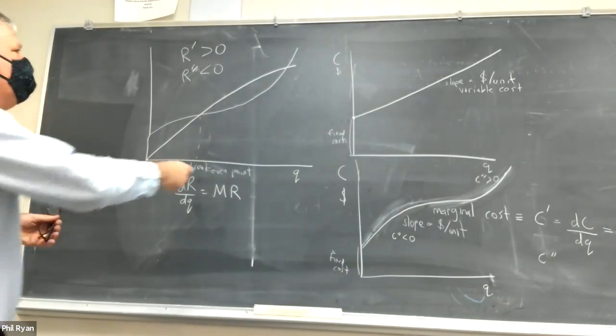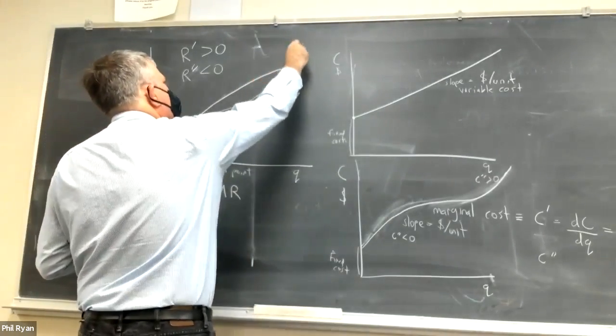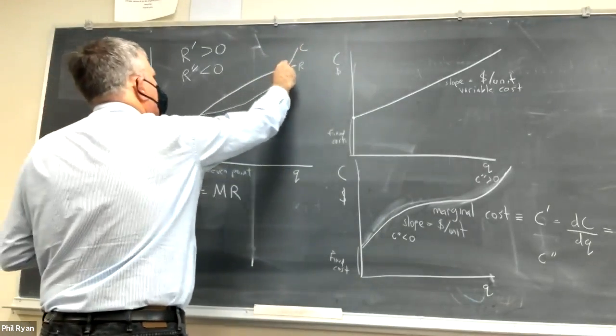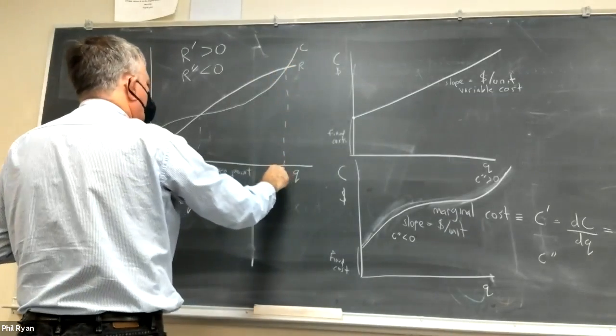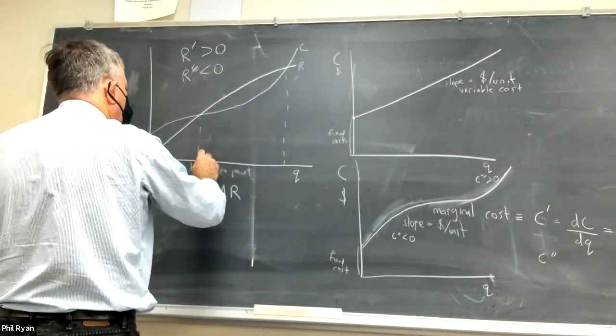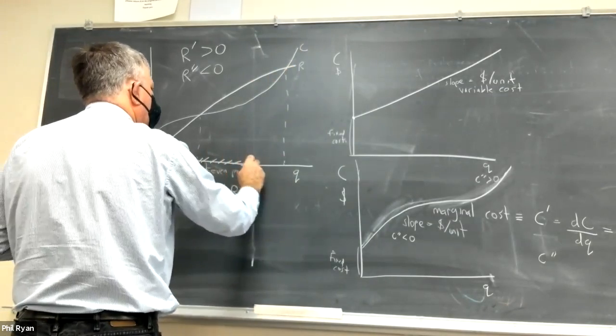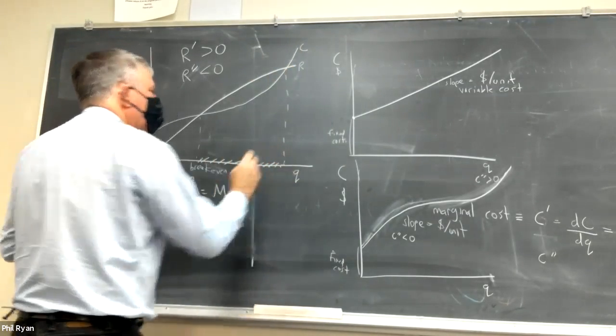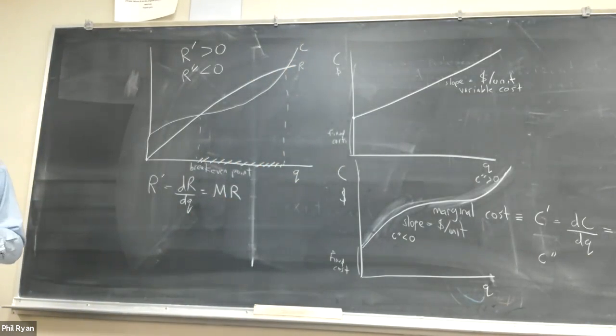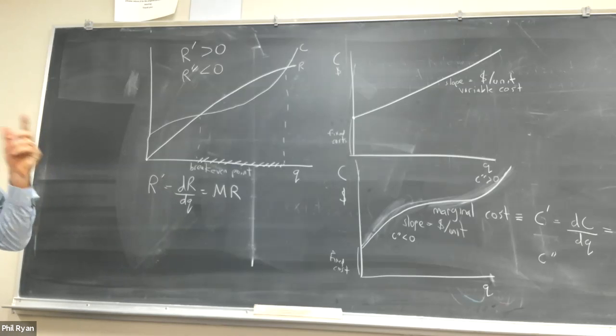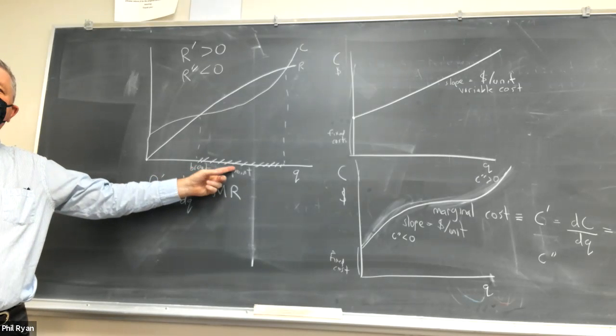So if this is R and this is C, that's the end of profits, doesn't really have a name. What's the significance of that region? It's the maximum profit. It's not the maximal profit. What kind of profits are being made here?